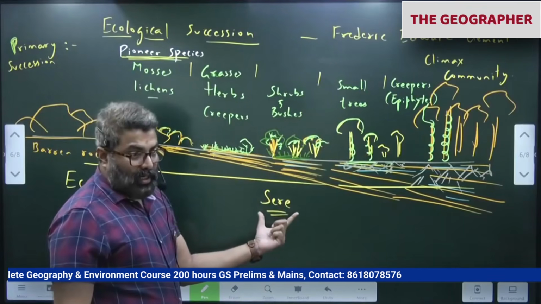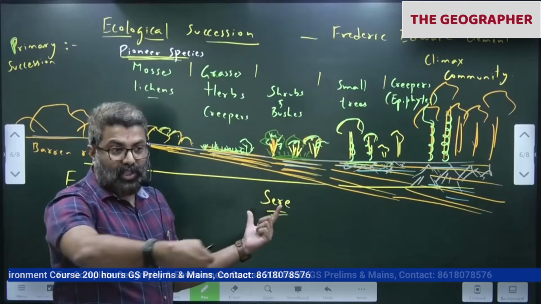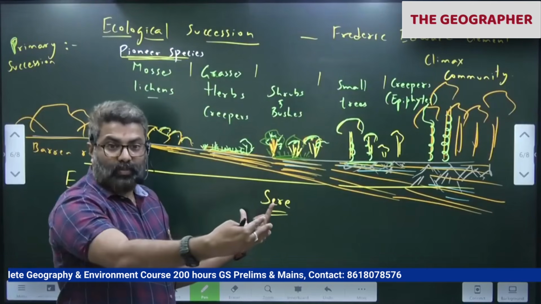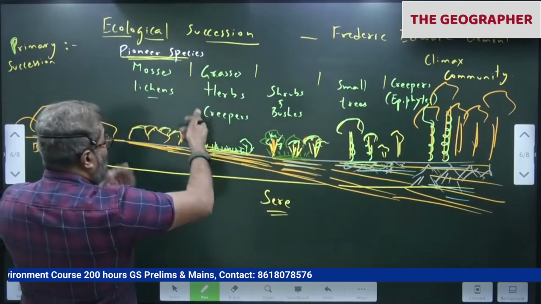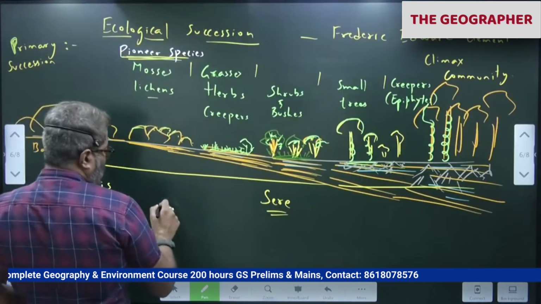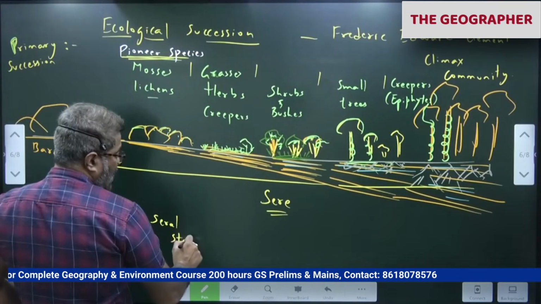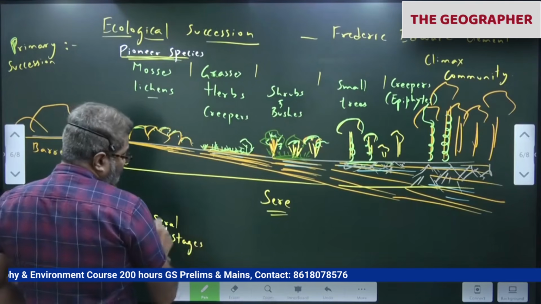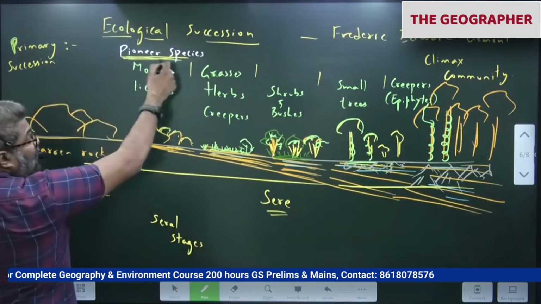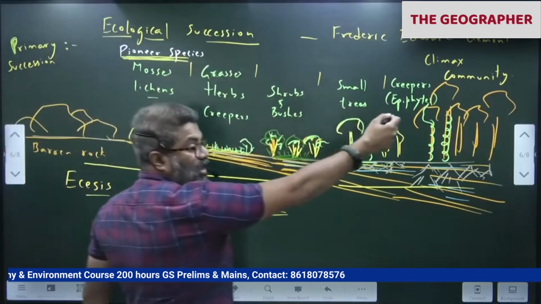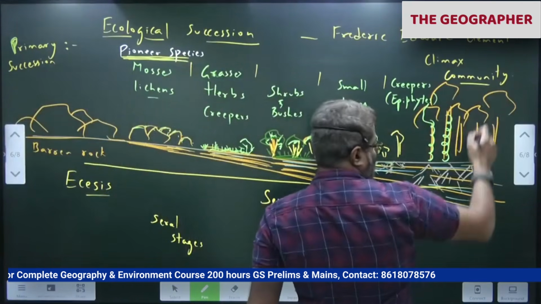Sere is the stages of ecological succession a particular area will go through, and each stage is called a seral stage. What was the starting seral stage? Pioneer species. What is the last seral stage? Climax.